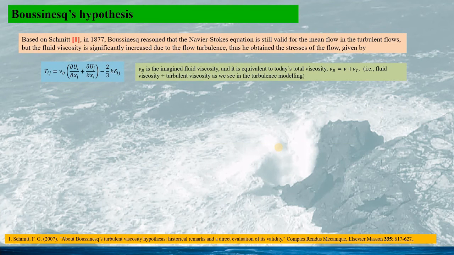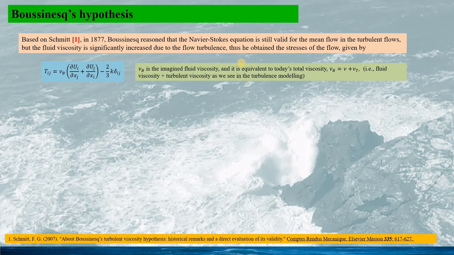In this slide, a presentation and a discussion would be given for the Boussinesq assumption. Based on Schmidt, in 1877, Boussinesq reasoned that the Navier-Stokes equation would still be valid for the mean flow in the turbulent flow, but the fluid viscosity is significantly increased due to the fluid turbulence.